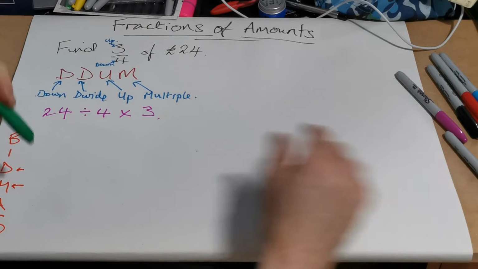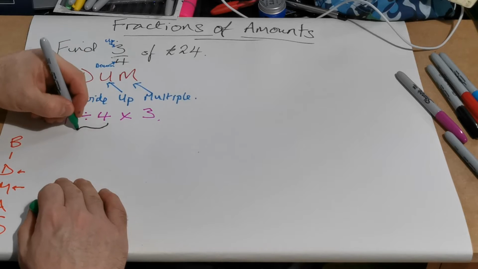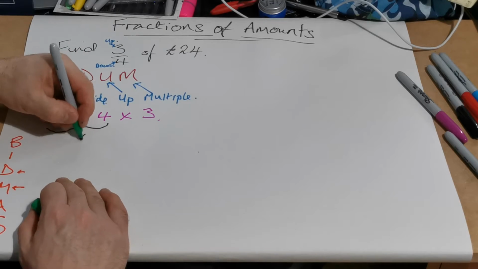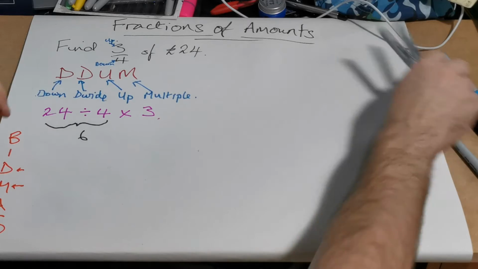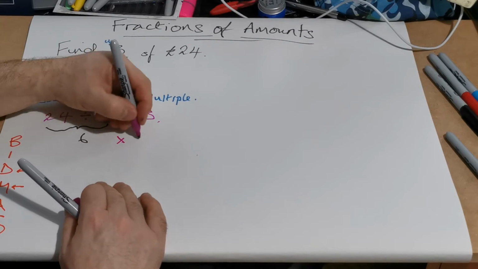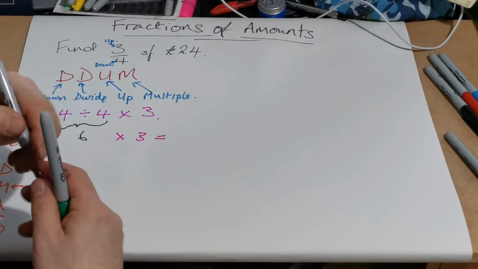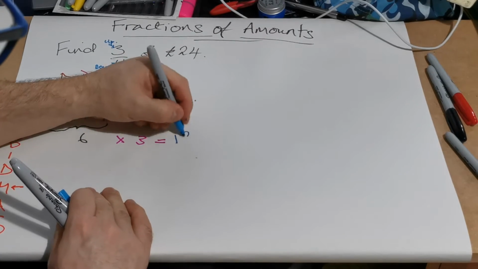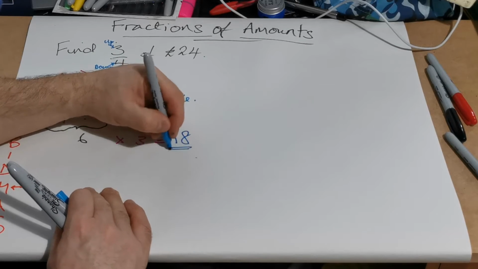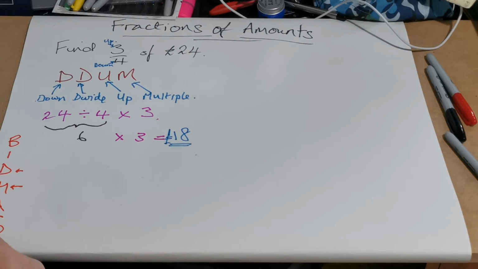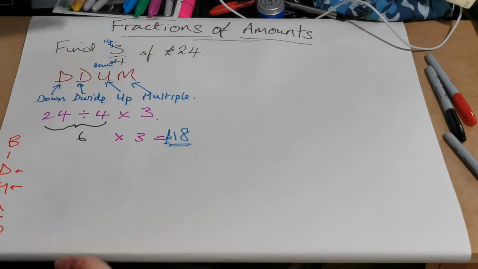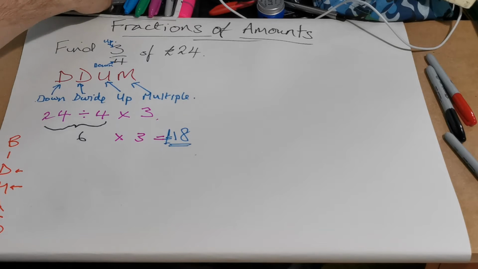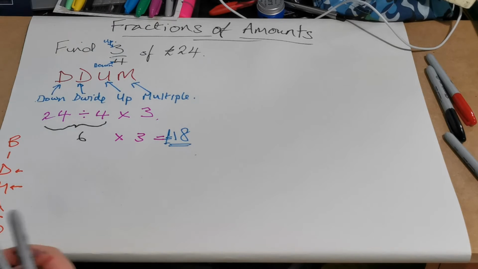So I'm going to do 24 divided by 4 to give me 6. And then I can do the times 3 bit. That would give me 18. Don't forget the units. So that's a nice way of looking at it, and I think a nice way of remembering it, unlike anything that's very sort of musical or has a rhythm to how we remember it.